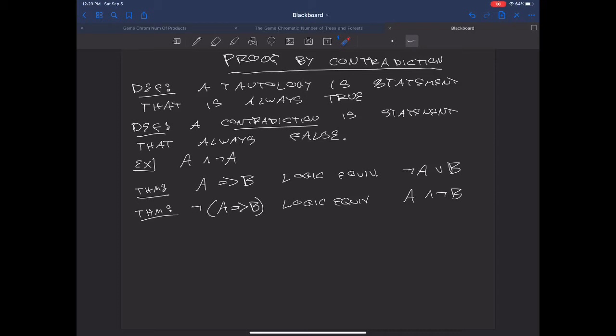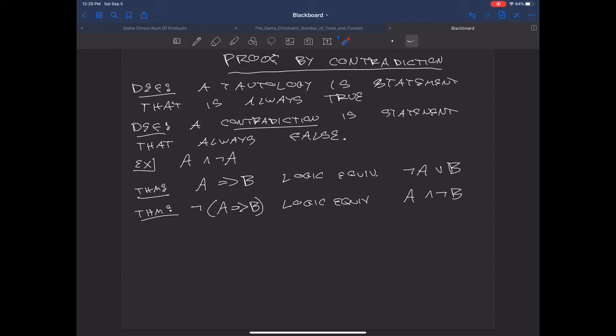We're going to assume the negation of our theorem. And so by assuming that our theorem is in fact false, we're going to take that assumption and see where it leads us and try and show that it leads us to a contradiction. It leads us to some place that is always false.